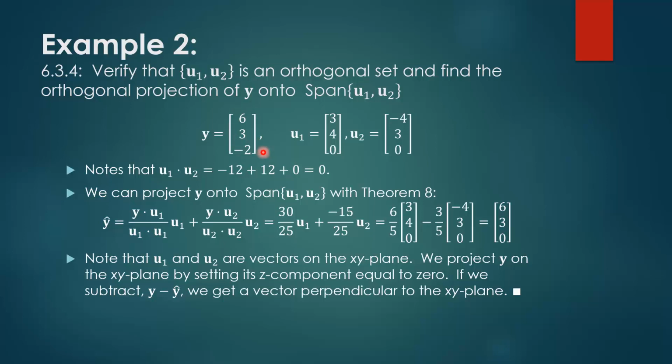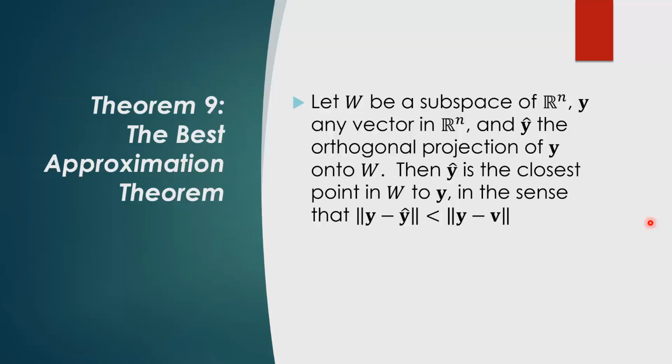In that case, that's going to be the vector closest to 6, 3, -2 that's confined within the xy plane. So that's what the best approximation theorem is.